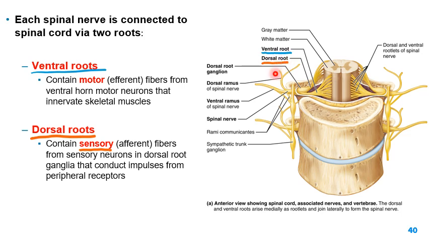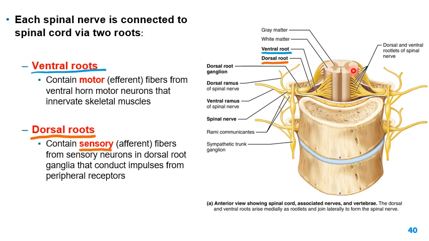At the dorsal root, you're going to have mainly sensory input. Dorsal root over here, okay? At the ventral root, you're going to have mainly motor or efferent fibers, okay?